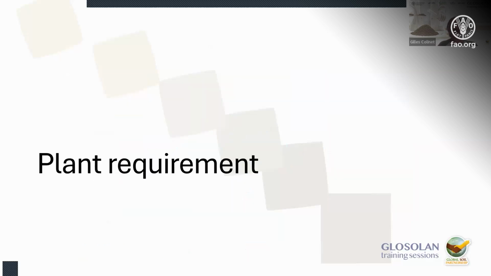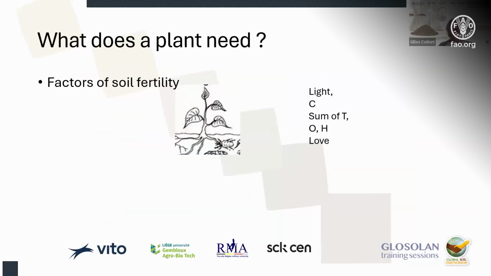So let's begin with the plant requirement. And the first question is, what does a plant need? If you look at the factors of soil fertility, the plant needs light, needs carbon that the plants will take from the atmosphere. They need temperature.